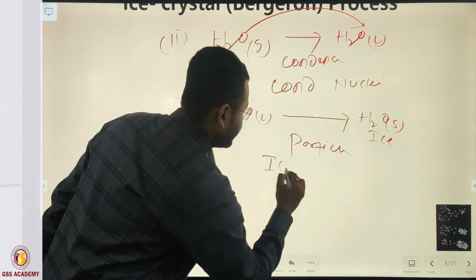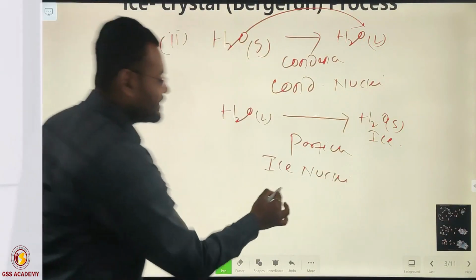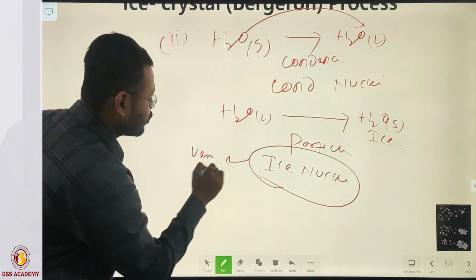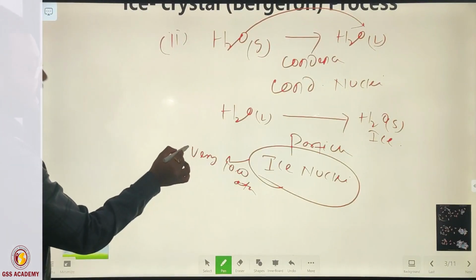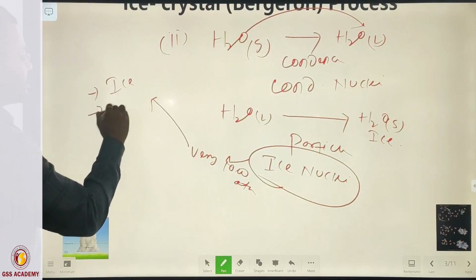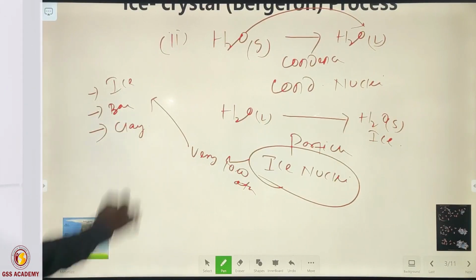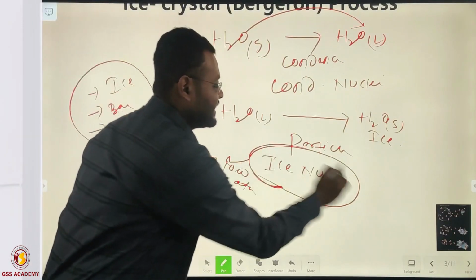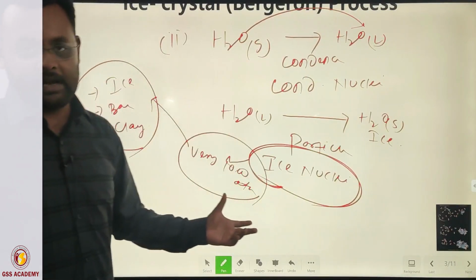These are called ice nuclei, and the abundance of ice nuclei is very low in the atmosphere. Examples of ice nuclei are the ice particle itself, some bacteria and clay particles. These are excellent ice nuclei, but their abundance is very low in our atmosphere.